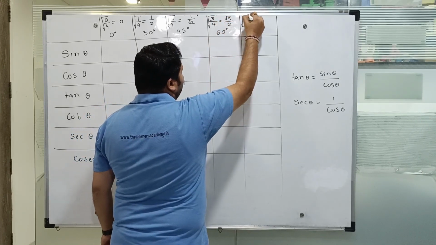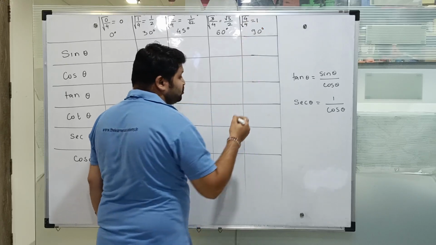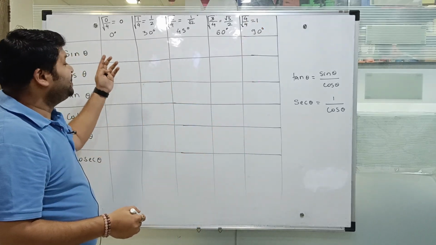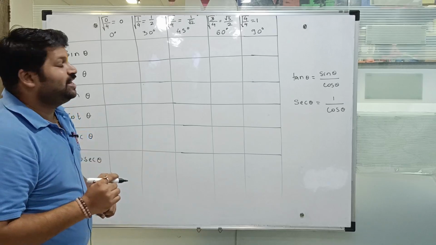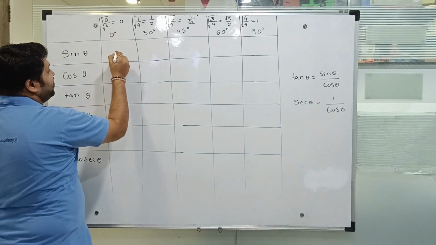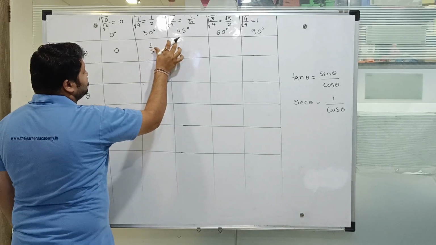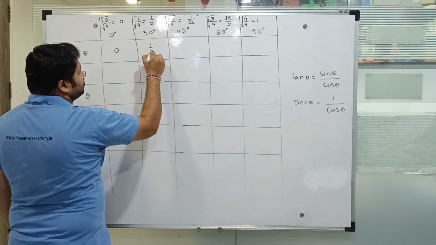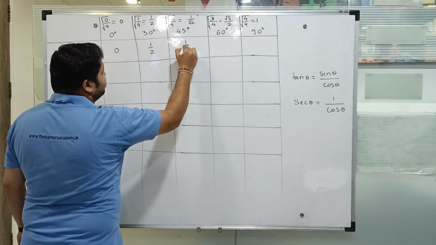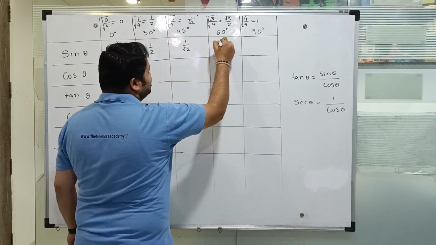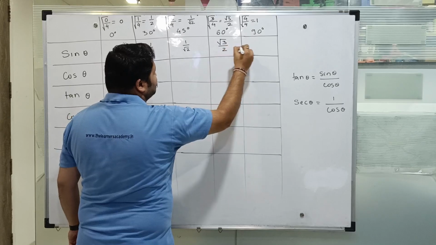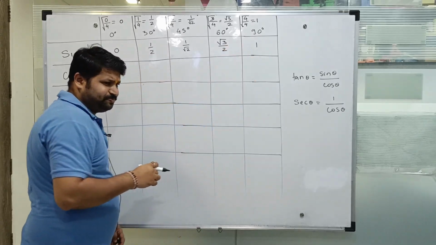And square root of 4 by 4 would be 1, square root of 1, so it would be 1. So these are our sine ratios, or the values of sine. So this is sine 0, sine 30, sine 45, sine 60 and sine 90.